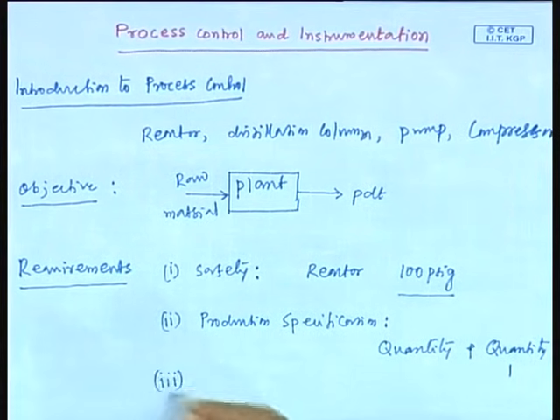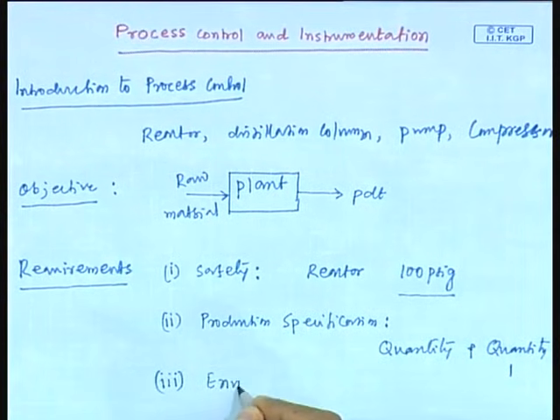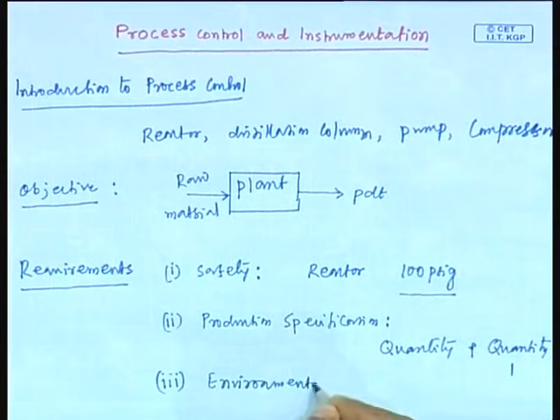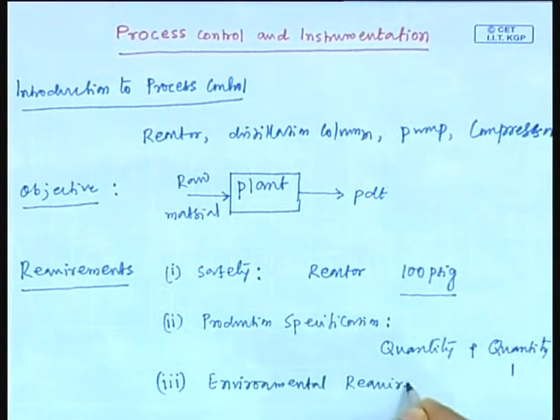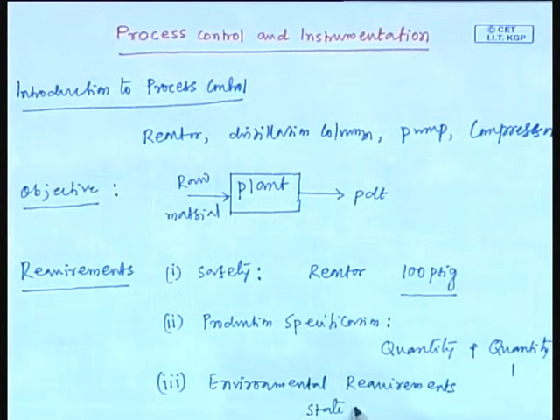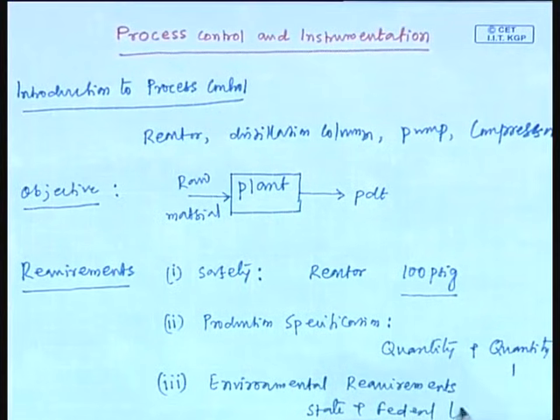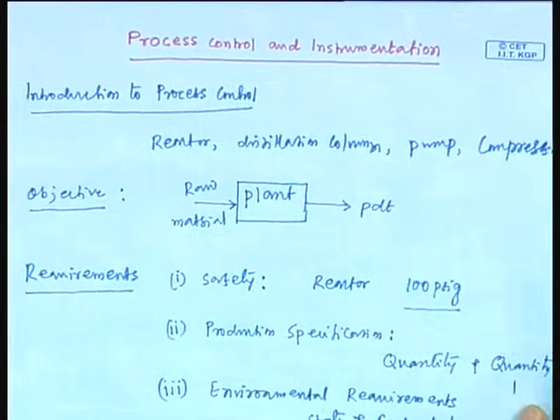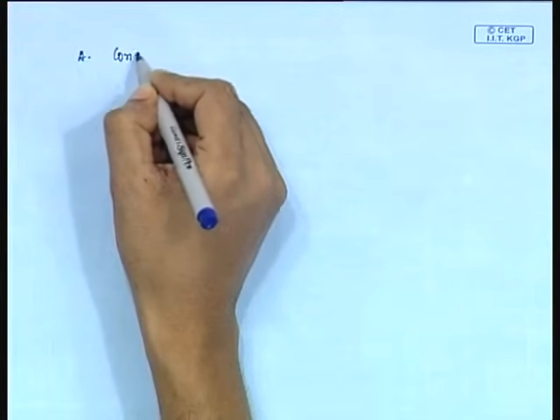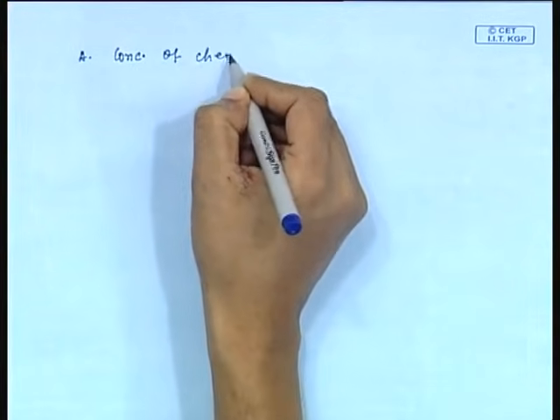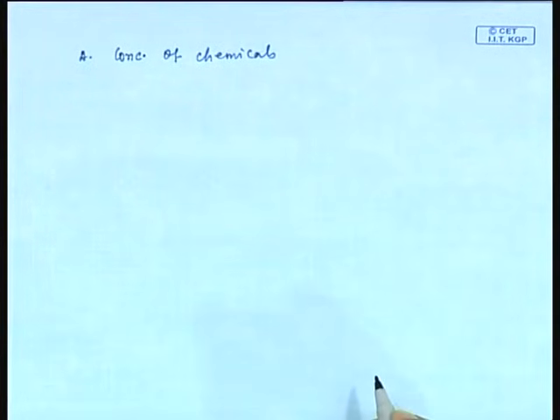Third important point is environmental requirements. So, there are a number of state and federal laws which enforce to maintain, say for example, the concentration of chemicals in the effluent stream.